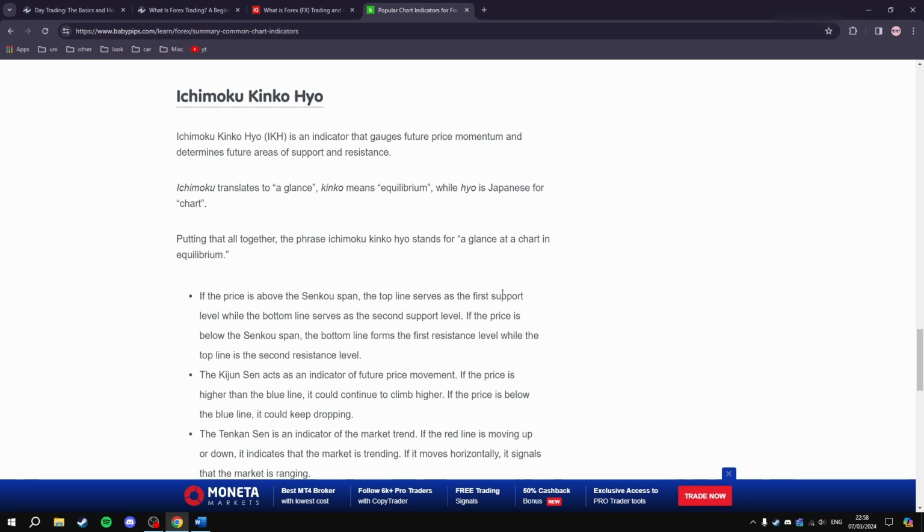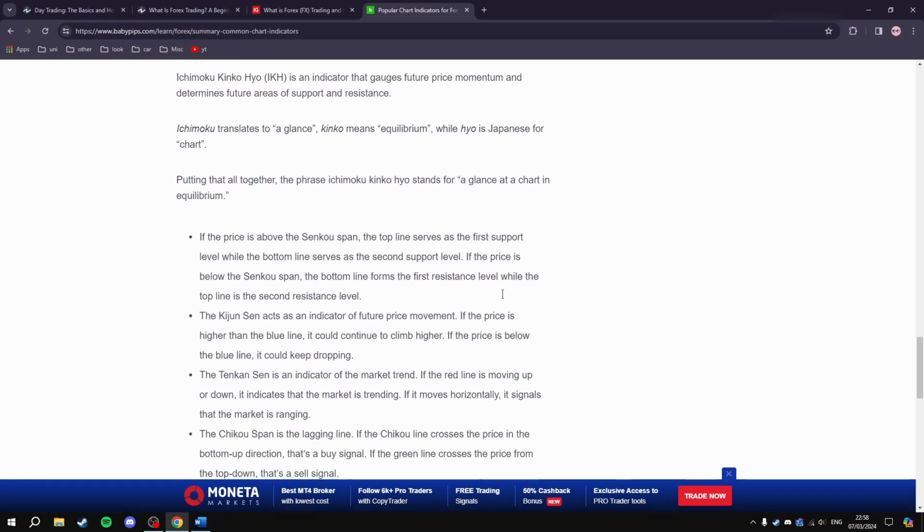Ichimoku translates to a glance. Kinko means equilibrium, while hyo is Japanese for chart. Putting that all together, the phrase Ichimoku Kinko Hyo stands for a glance at the chart in equilibrium.